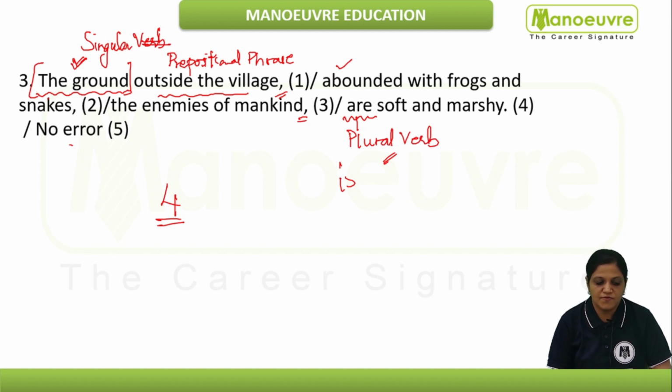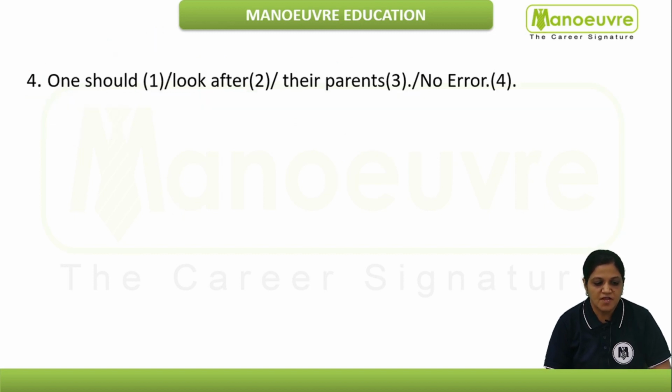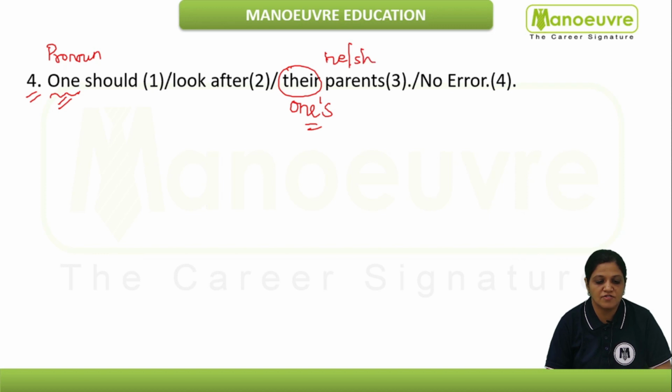Okay, moving to our next question. One should look after their parents, no error. Now, there is one very important point, as this type of question is commonly asked in the exams. So we need to make a note of this thing: whenever the pronoun one is used, and here one is playing the role of a pronoun, it always has to be followed by the pronoun one's, and not their or he or she.